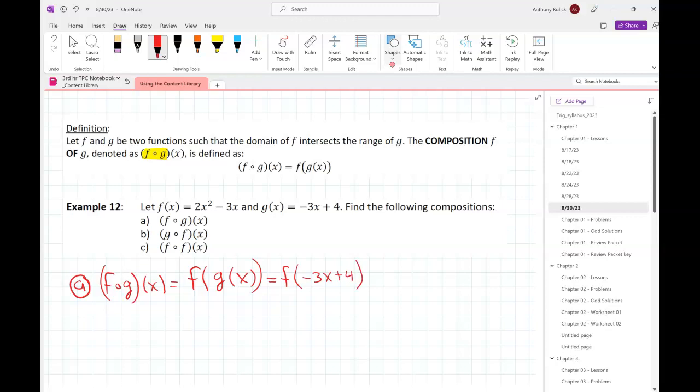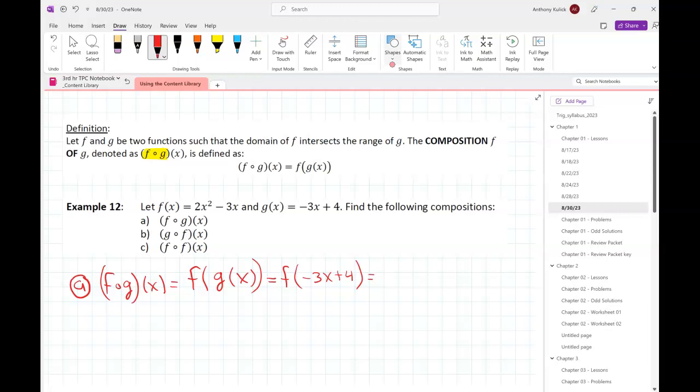So I'll replace the g of x with what it's equal to, that being negative 3x plus 4. Now, what does it mean when I have a function and then the parentheses with stuff inside of it? What am I supposed to do with that stuff inside of it? Plug it into the x's, right?